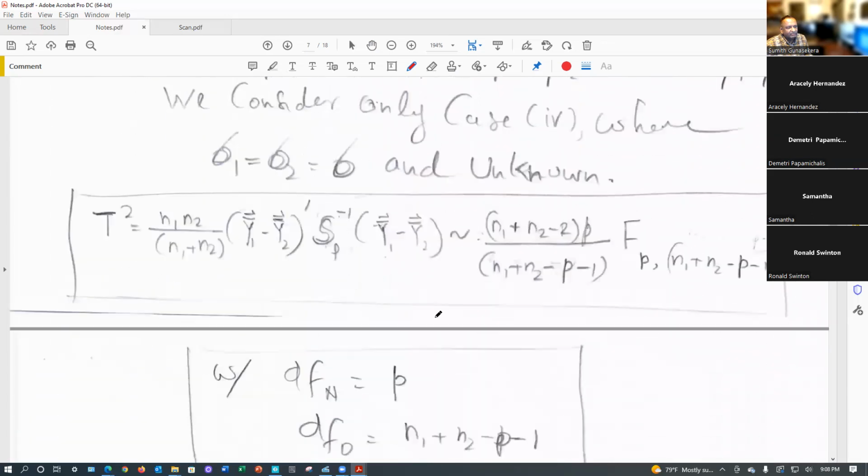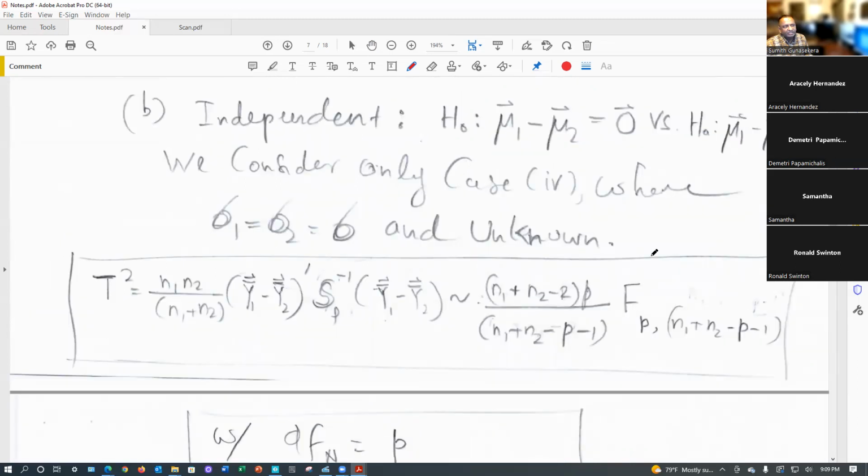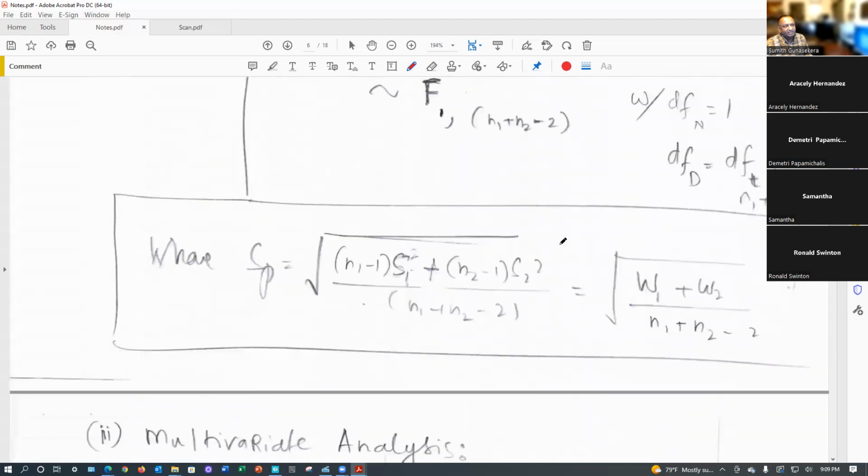When P equals 1, let's go to P equals 1. So N1 plus N2 minus 2 in the numerator and denominator get cancelled off. You are left with 1 and N1 plus N2 minus 2, same as in the univariate case.